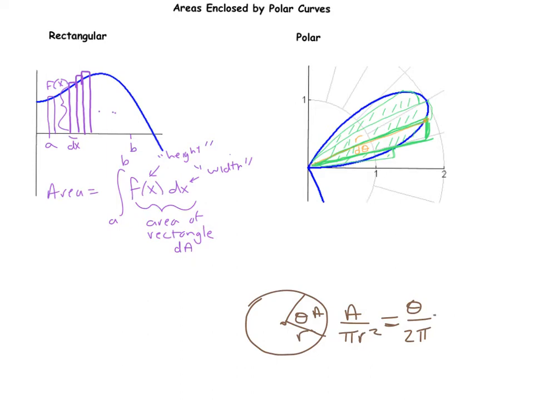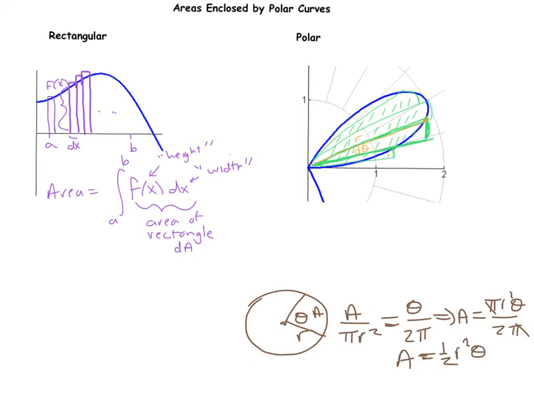If you cross multiply, solve for A, you get pi r squared theta, and then divide by 2 pi, you get that the area is always 1/2 r squared theta.